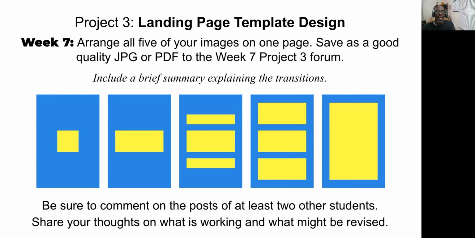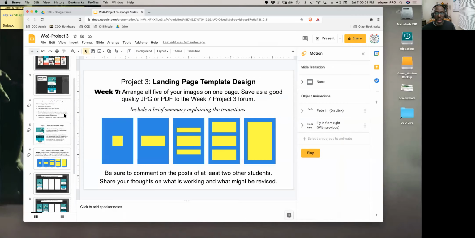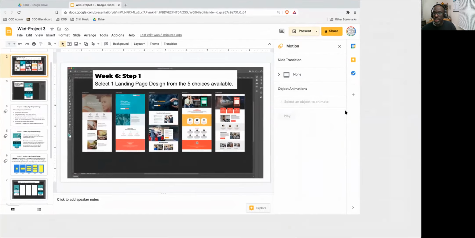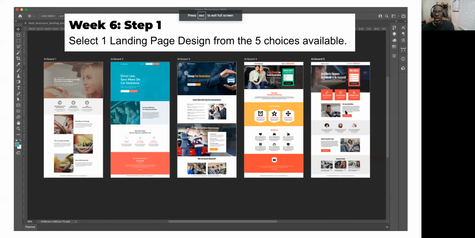So, as I said, I will have the link in the announcement for the 5 images for you to choose from. I'm going to get back to those real quick just so you know what you're looking at, and I will have a download link, so that you can see all of these, and then you just bring them into Photoshop and just recreate it, and you do your very best to make it look exactly like what is here.